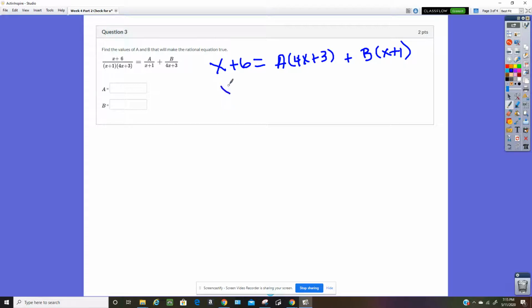And on the distributive property, x + 6 is equal to 4Ax + 12A plus Bx + B. And I'll let you finish that from there. And you might not get this exact question because there are, I think, 2 others that might come up. So when it scrambles, like if you take this more than one time, you might not get the same question back again.